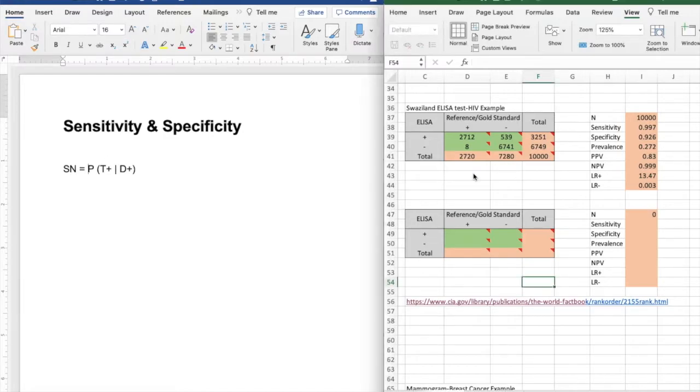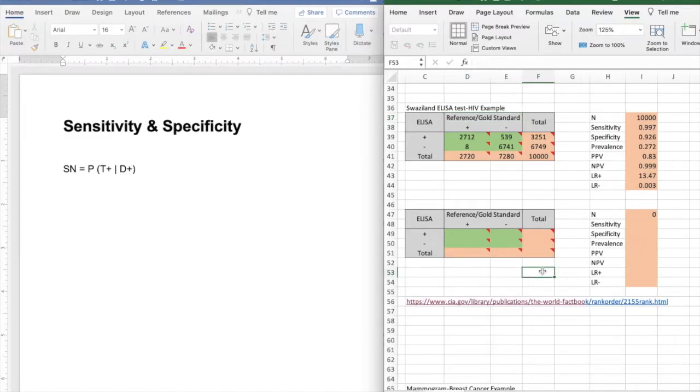So how do you know that they have the disease? Well, you're comparing it to whatever reference or gold standard test there is. That's how you compare the clinical test with the gold standard. In rehab, a lot of times it's imaging. But the sensitivity of an ELISA test is 0.997 or 99.7%.